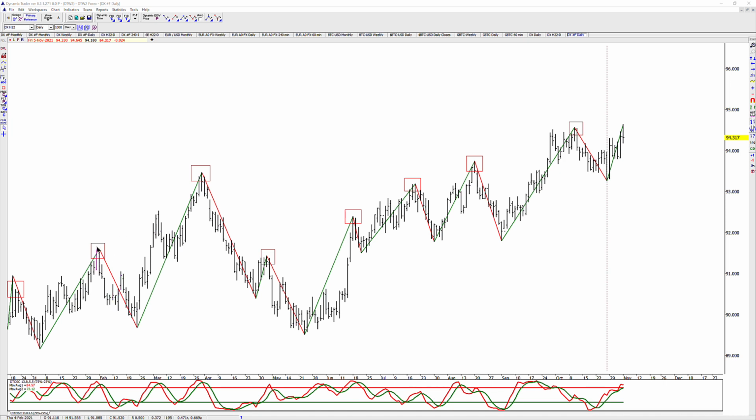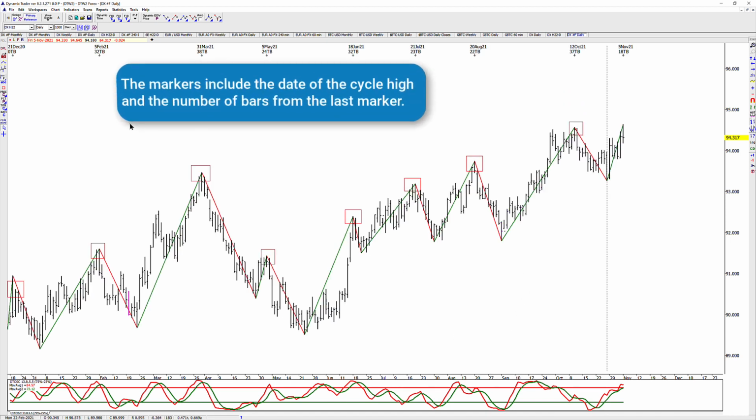So we want to know the time range from high to high. Hopefully your software can mark these off. I'm going to mark these off before we continue. I just want the date and the number of bars from the prior high. I just have a feature that'll do them all at once. Wherever the swing highs are, it'll mark them off.